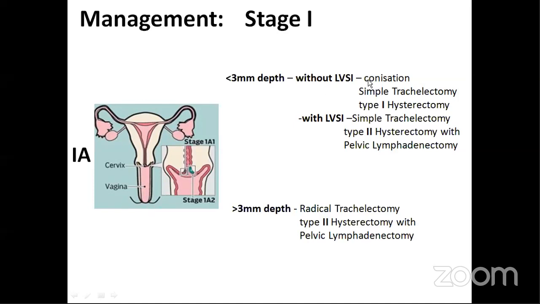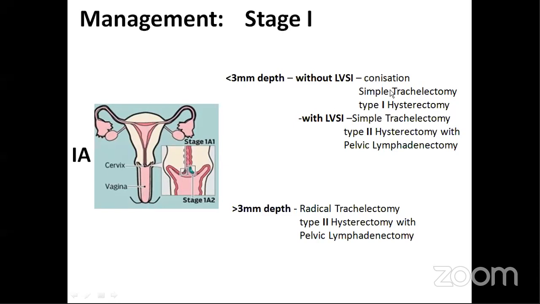We can go in for conization or simple trachelectomy if she wants to conserve her uterus so that she can better plan her family. Or if she says, I would want to get my uterus removed, then you can go in for type 1 hysterectomy. We'll know the various types of hysterectomy later. Next, if this stage 1A1 is with lymphovascular space invasion, then you can go in for simple trachelectomy.